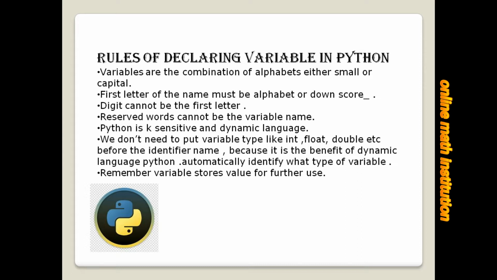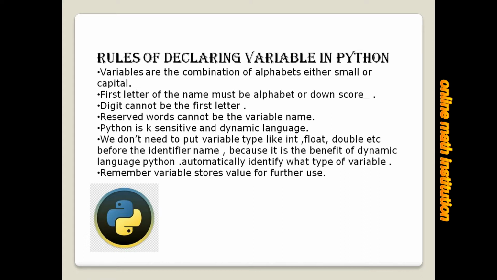First rule: variables are a combination of alphabets, either small or capital letters. The first letter of the name must be an alphabet or an underscore. A digit cannot be the first letter, meaning 1 to 9 cannot be the first letter. Reserved words cannot be the variable name.